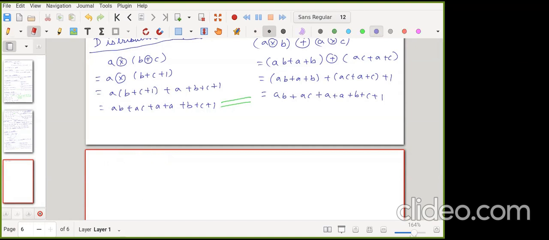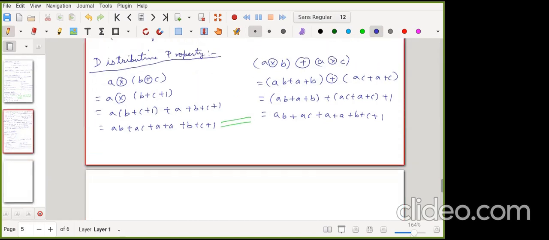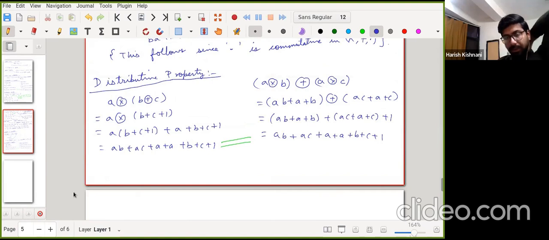Or again, is it not that multiplication is distributive over addition only? Yes. That's why I'm just leaving it.